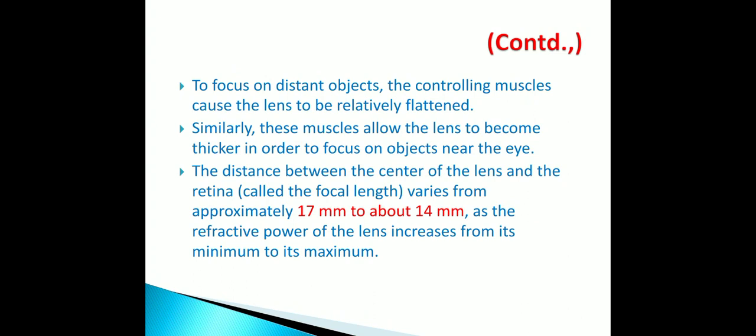To focus on distant objects, the controlling muscles cause the lens to be relatively flattened. Similarly, these muscles allow the lens to become thicker in order to focus on objects near the eye. The distance between the center of the lens and the retina varies from 17 mm to 14 mm. The refractive power of the lens increases from its minimum to maximum.